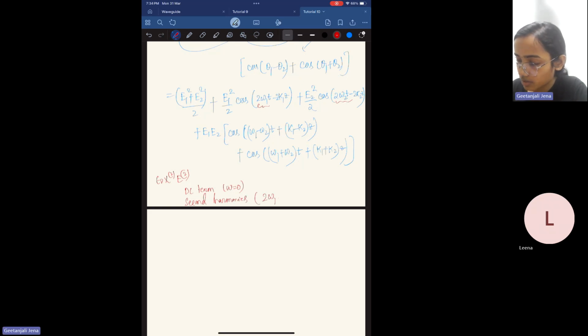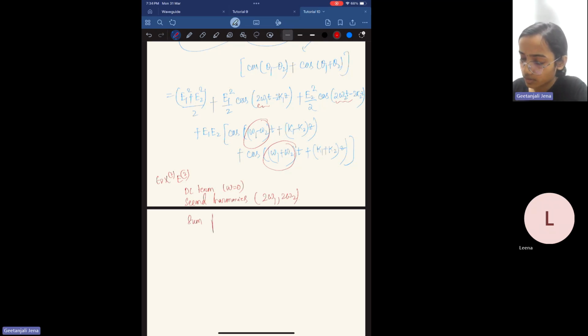So we have second harmonic, 2 omega 1 plus 2 omega 2. And we have sum frequency, which is omega 1 plus omega 2, and difference frequency, which is omega 1 minus omega 2.